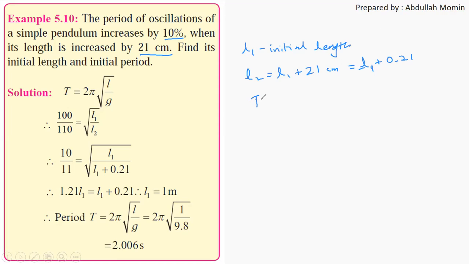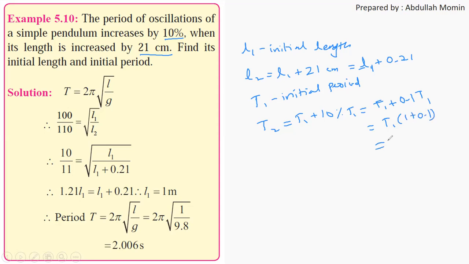Suppose T1 is the initial time period, so the final period increases by 10% of T1. So T1 plus 10% of T1, that is T1 plus 0.1 T1. So we get T1 times 1 plus 0.1, that is 1.1 T1, that is T2.